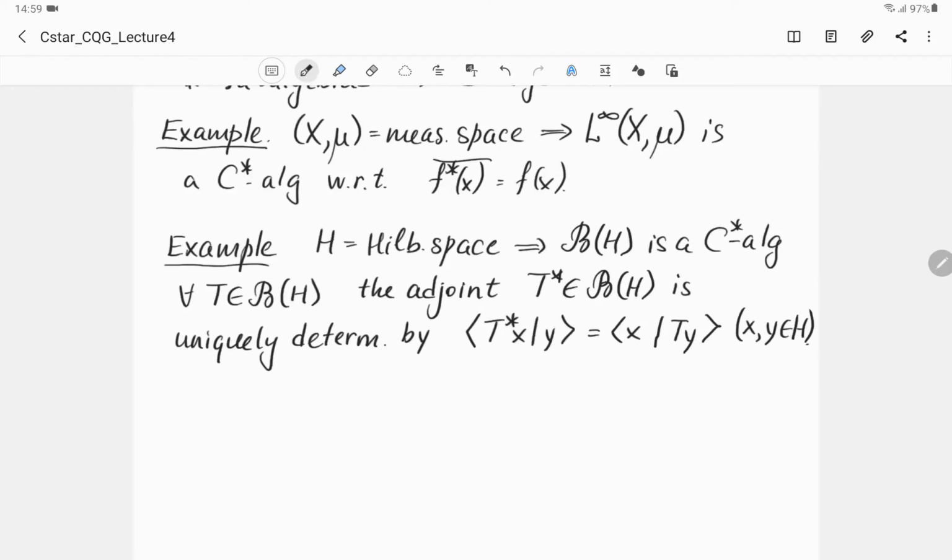So it's a standard fact from functional analysis that this operation of taking the adjoint on B of H satisfies all the above axioms. So B of H becomes a C-star algebra.